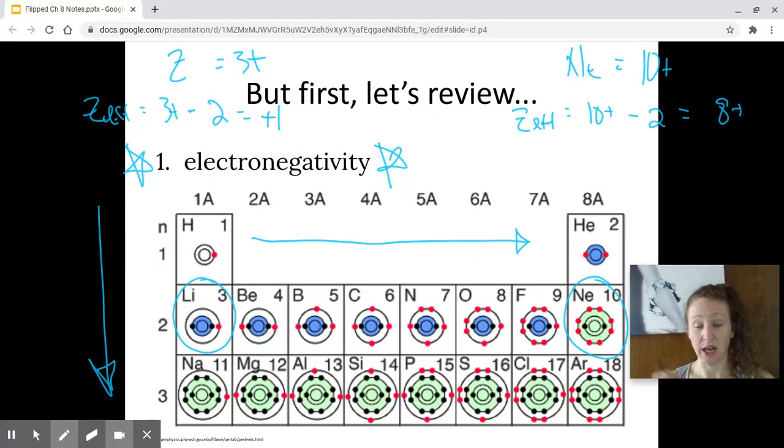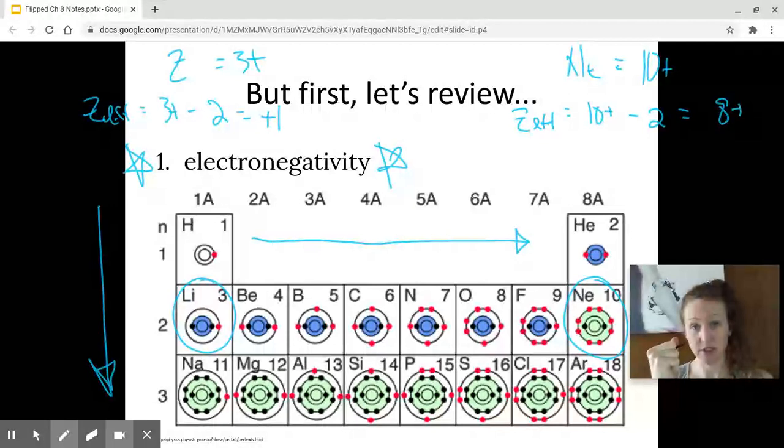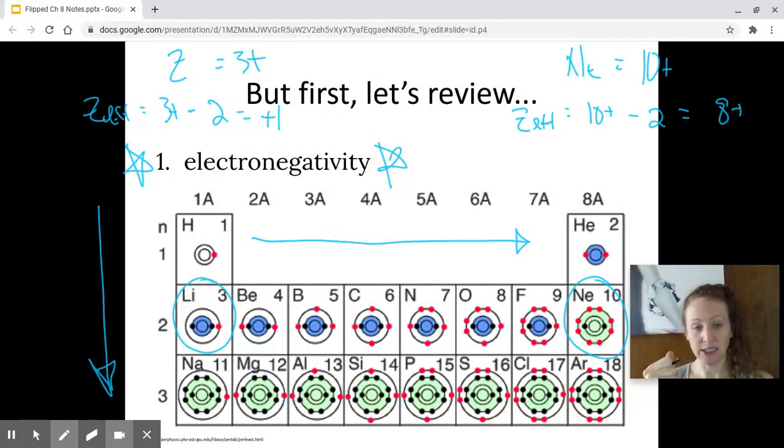So those valence electrons for neon feel a much larger nuclear charge. So they're pulled in a lot closer than lithium's are pulled in, and the atom gets smaller. And the attraction of the nucleus for that outermost electron also gets stronger. And that's what electronegativity is. And so electronegativity is going to increase left to right because of that increasing effective nuclear charge.